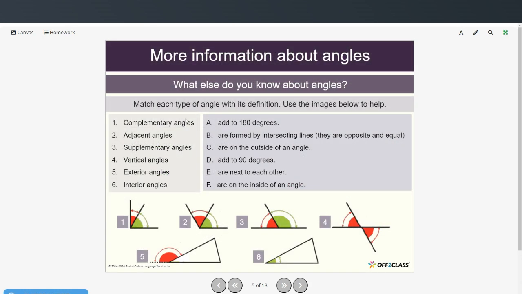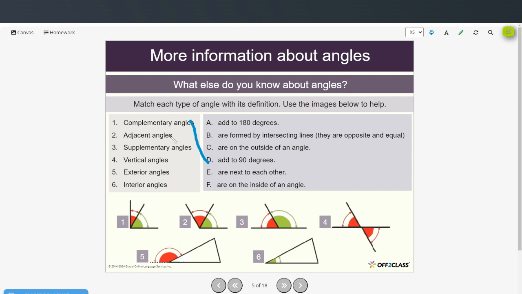Alright, now match each angle to its definitions, and then you can use the images to help. Again, you can try that on your own and then restart when you're ready to check your answers. So complementary angles are D. They add up to 90 degrees, and that would be picture 1. This angle and this angle, if you add them together, you get a 90-degree angle.